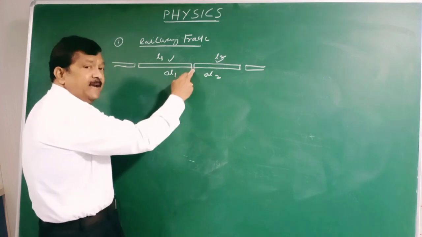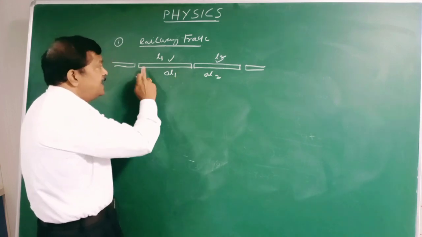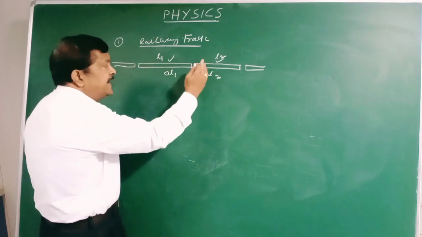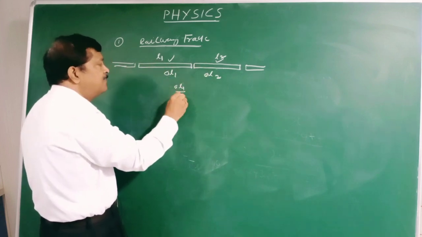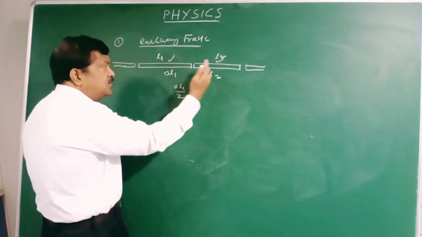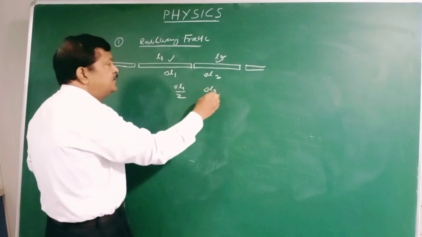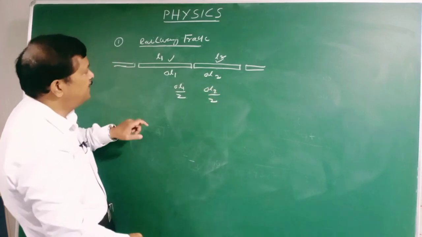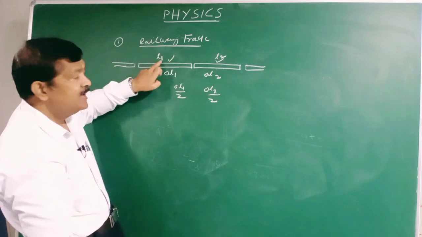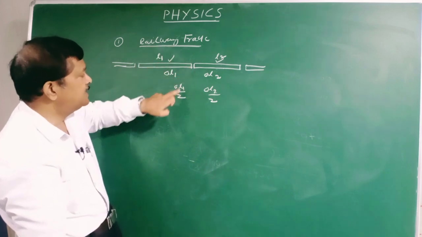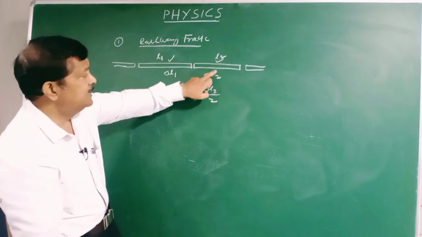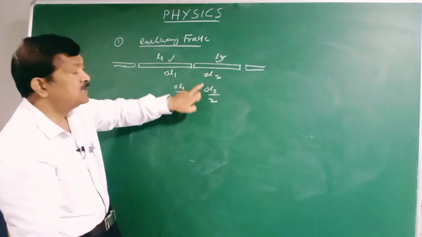Because it is free, the expansion of this rail in this direction is delta L1 by 2, and the expansion of the other rail towards the left is delta L2 by 2. Therefore, to allow the expansion of the rail of length L1, there must be a gap of delta L1 by 2. To allow the expansion of the second rail, the gap required here is delta L2 by 2.